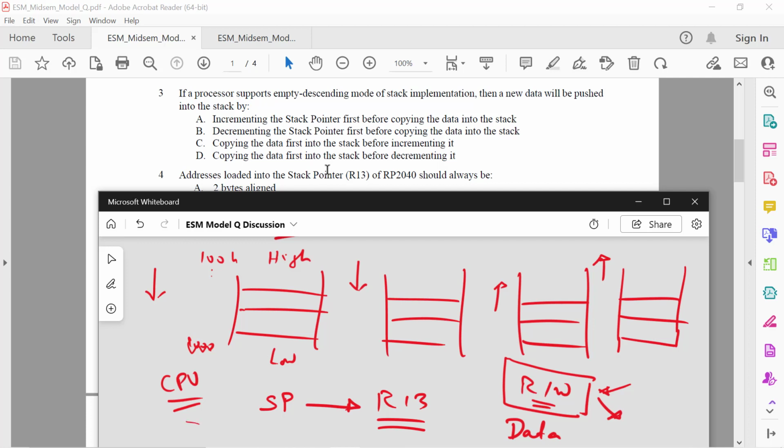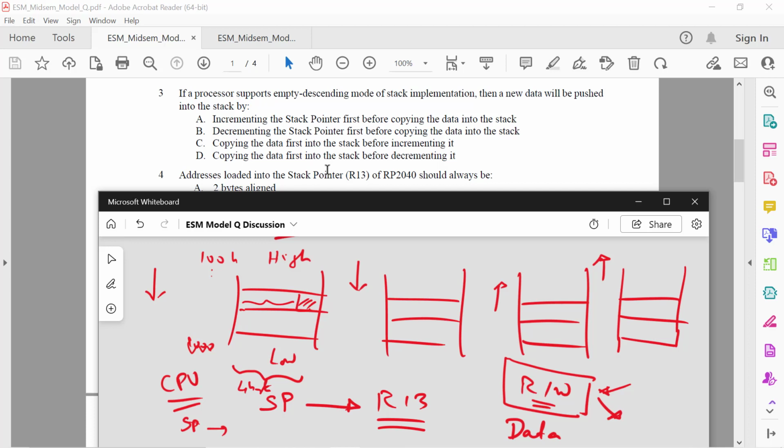That means the stack pointer address is going to be decremented by the amount of value I am copying into the stack. Now always remember, in the RP2040 we have a 4-byte wide stack. That means any stack operation is in terms of 4 bytes. You cannot push only 1 byte into the stack. Even though the actual data value may be 1 byte, you will always push 4 bytes into the stack.